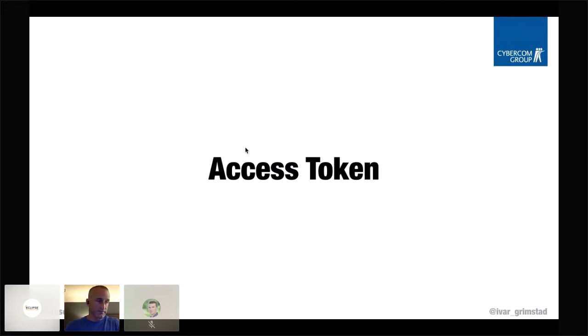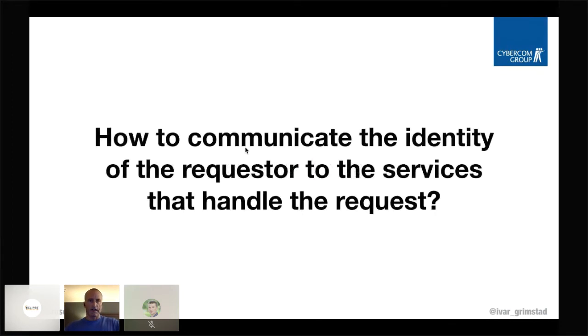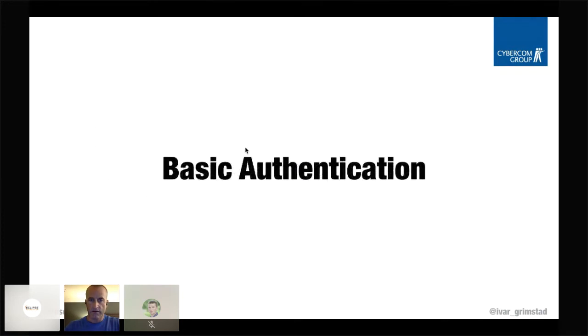So the access token is how to communicate the identity of the requester to the services that handle the request. And in order to explain that one, let's go through very quickly some simple ways of authentication.